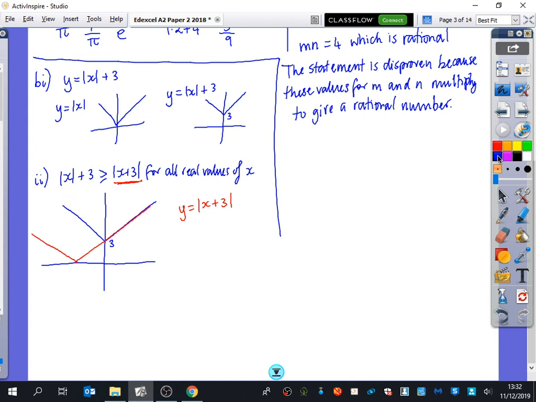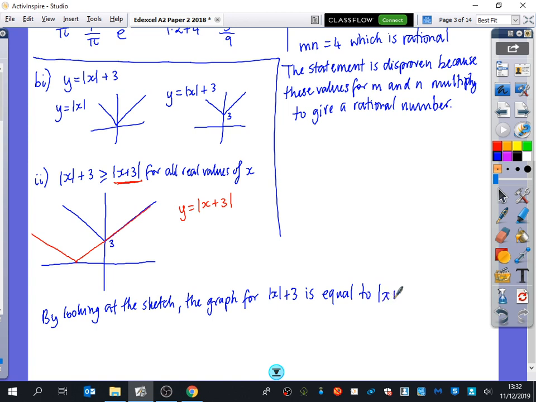All this really now requires to get the second mark is we can say, by looking at the sketch, the graph for the modulus of x plus 3 is equal to the modulus of x, plus 3, when x is greater than 0.